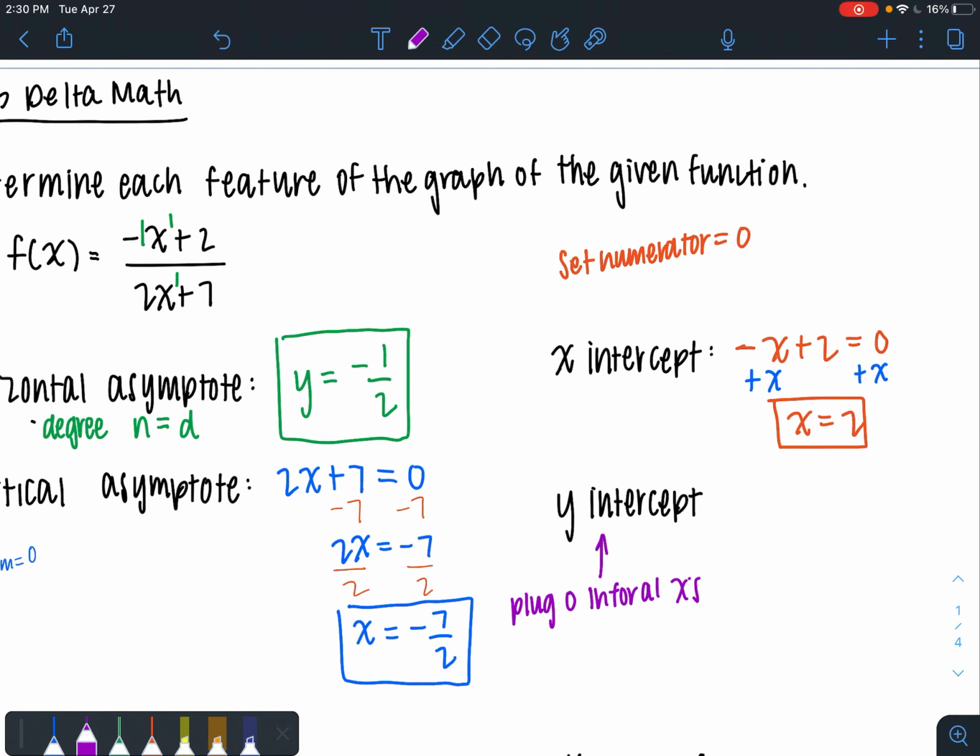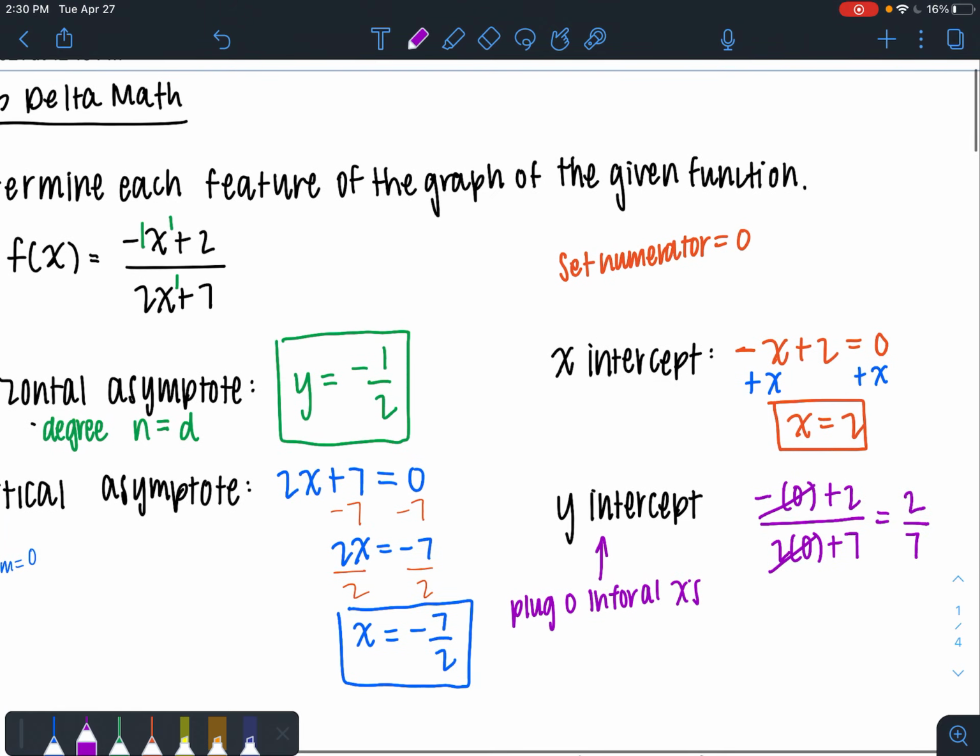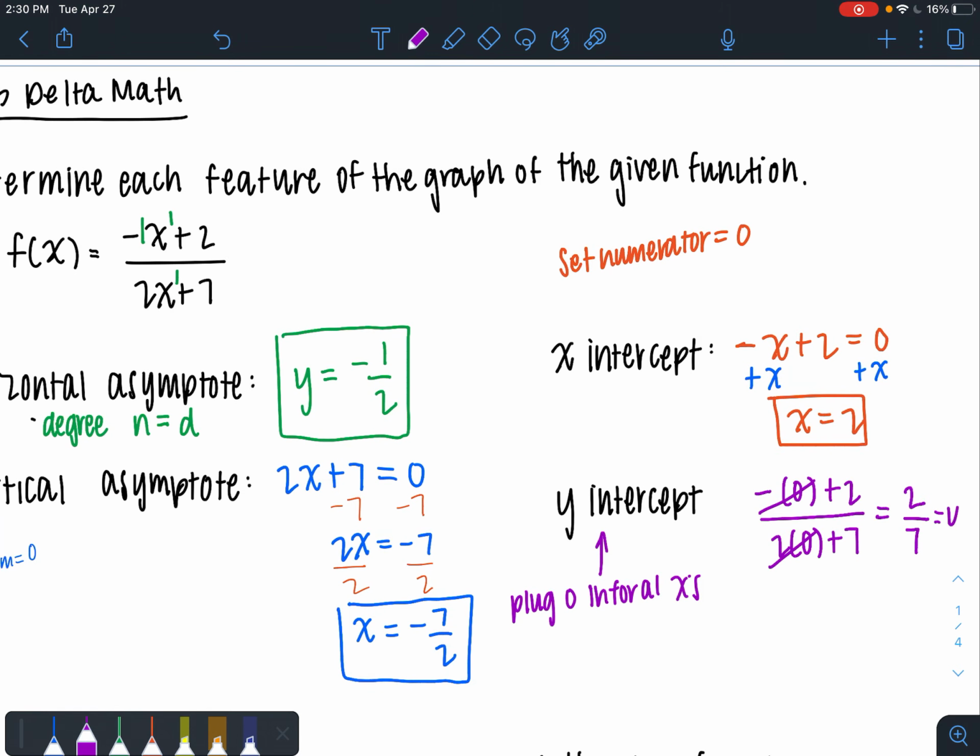So we have -0 plus 2 over 2 times 0 plus 7. This goes away and this goes away, so we're left with 2 over 7, and that is equal to y. Okay, so that is how we find all of that.